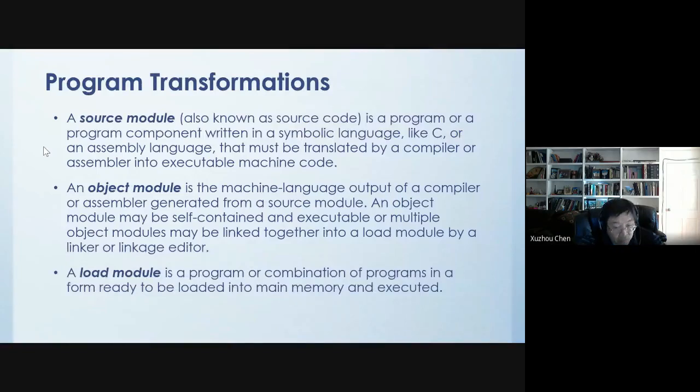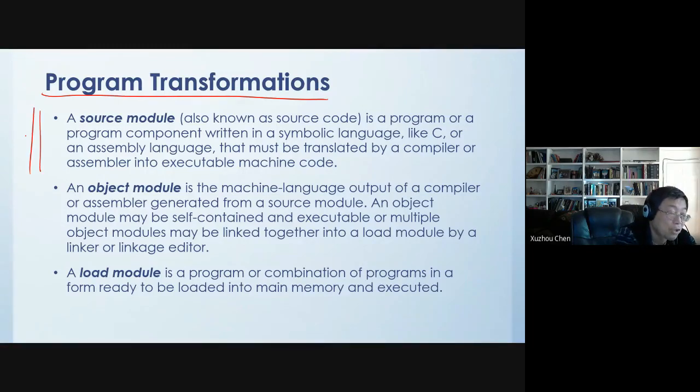So to load the program into the physical memory, you need to understand the process of program transformation. When you write your program using Java, C, Python, these programs are called source modules, also known as source code.